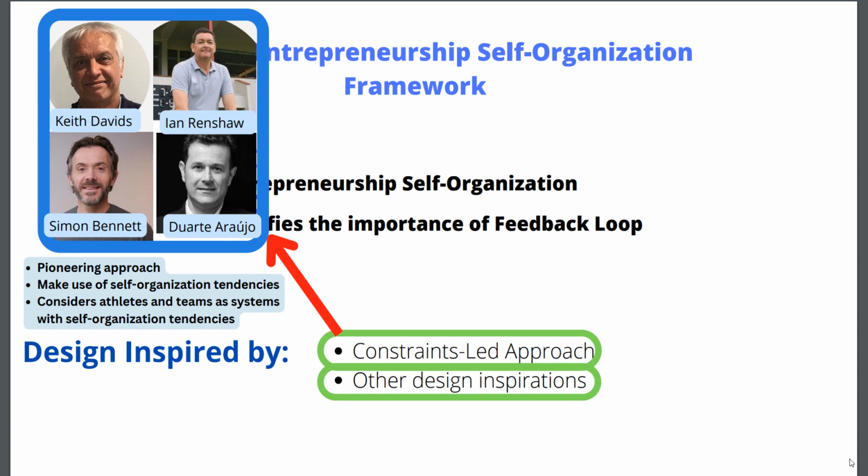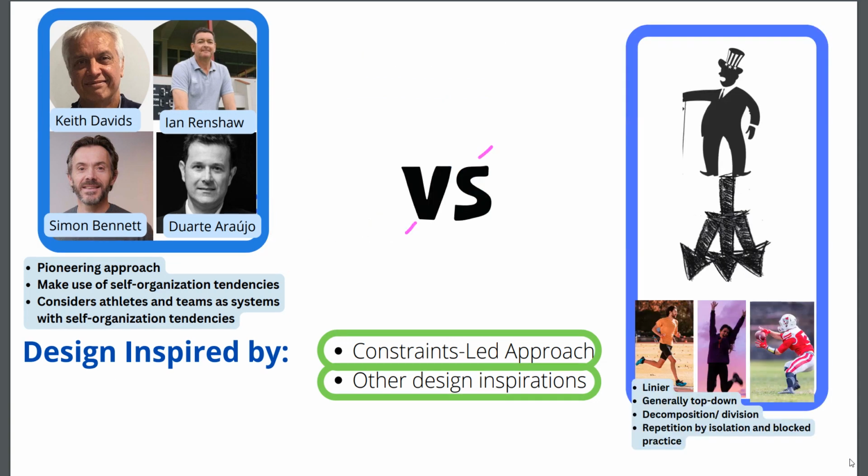Now, when we look at the nature of traditional approaches, what we see is a kind of top-down order imposed on the system. There exists a body of knowledge that got accumulated over many years that prescribes to the agent what to do, how to practice, how to train, etc. Further, complex tasks or skills in this approach are often decomposed or divided into smaller manageable components.